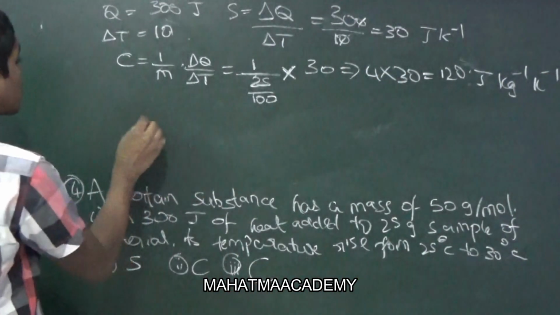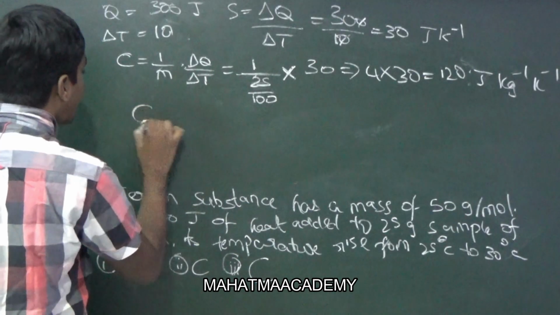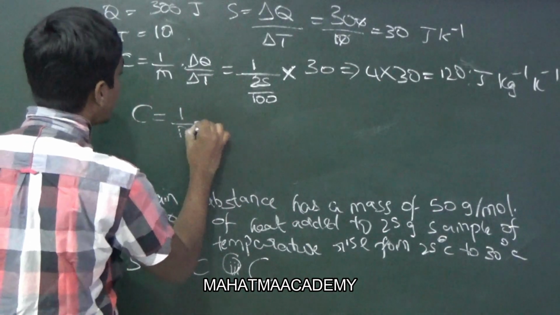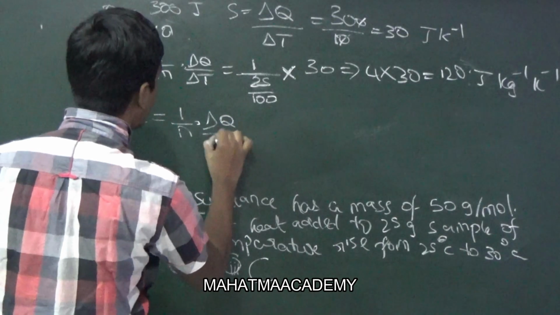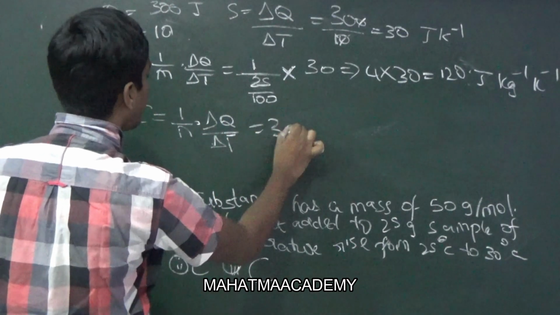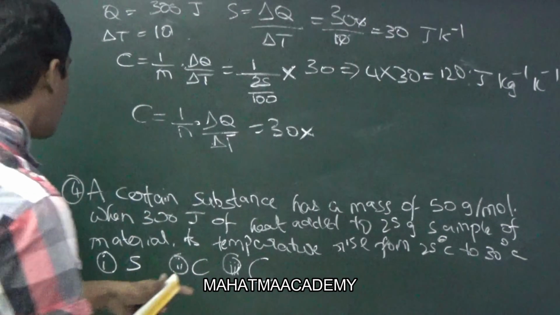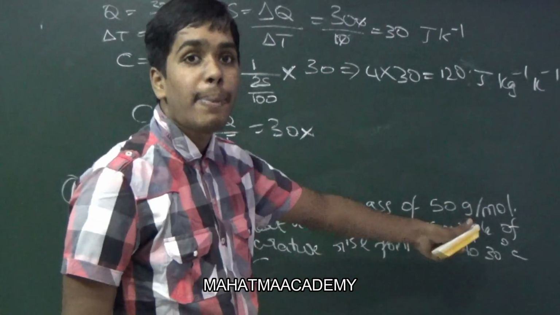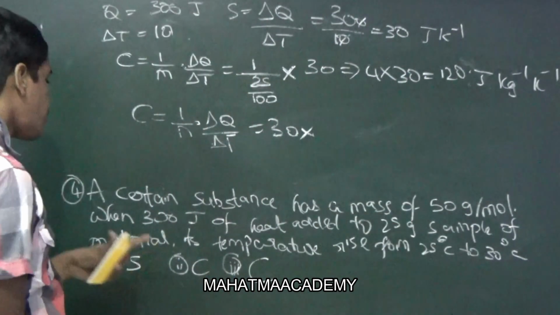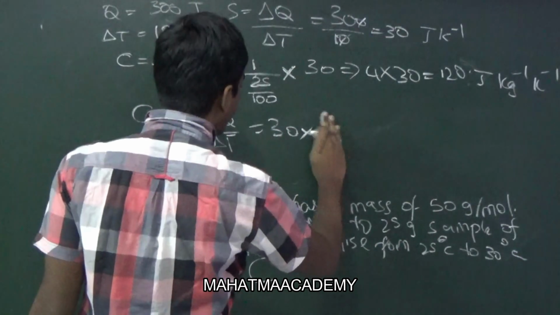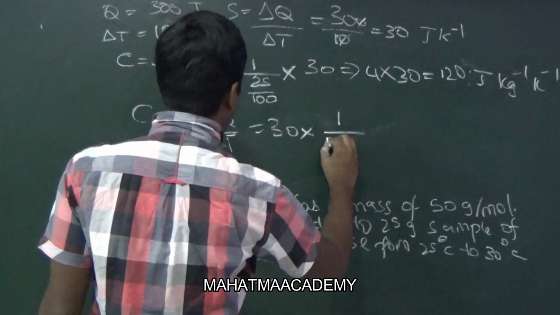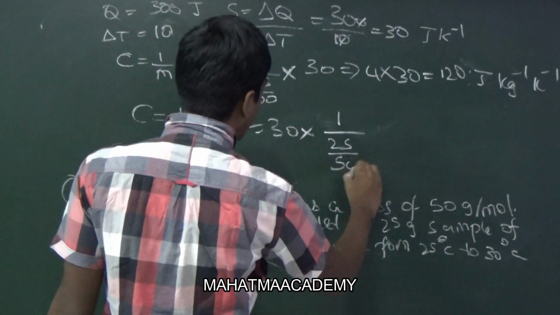Now here capital C is equal to 1 by n into delta Q upon delta T. It is 30 into 50 gram per mole. So it is 25 of it, into 1 by 25 upon 50.